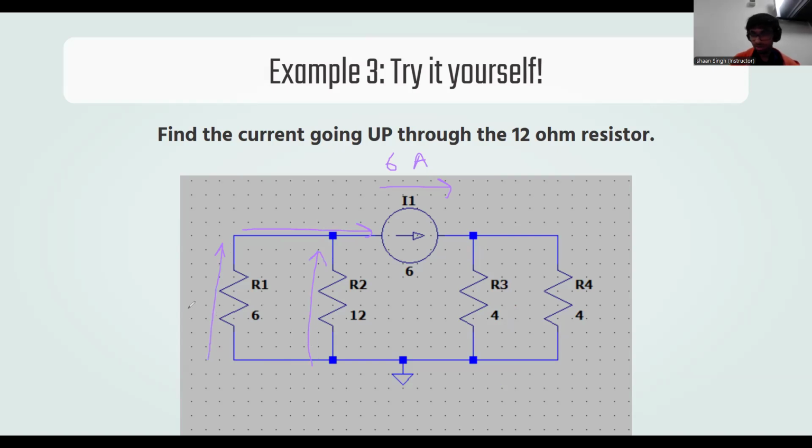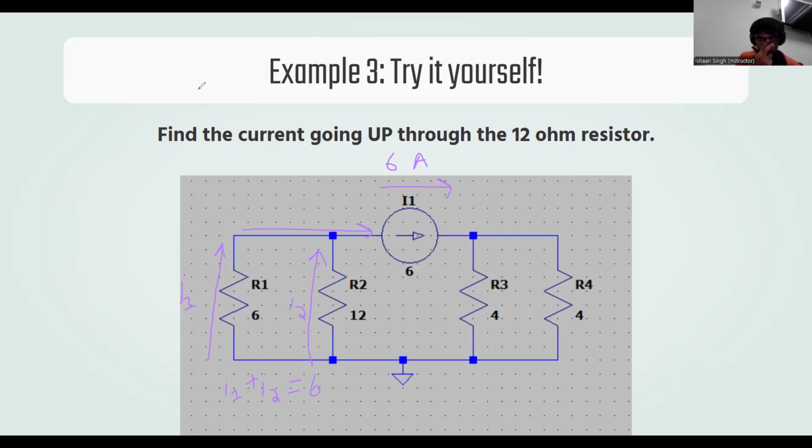I'll call this guy I1 and I'll call this guy I2. I1 plus I2 equals 6. Does everyone agree with me that I1 plus I2 equals 6? Is anyone doubtful?